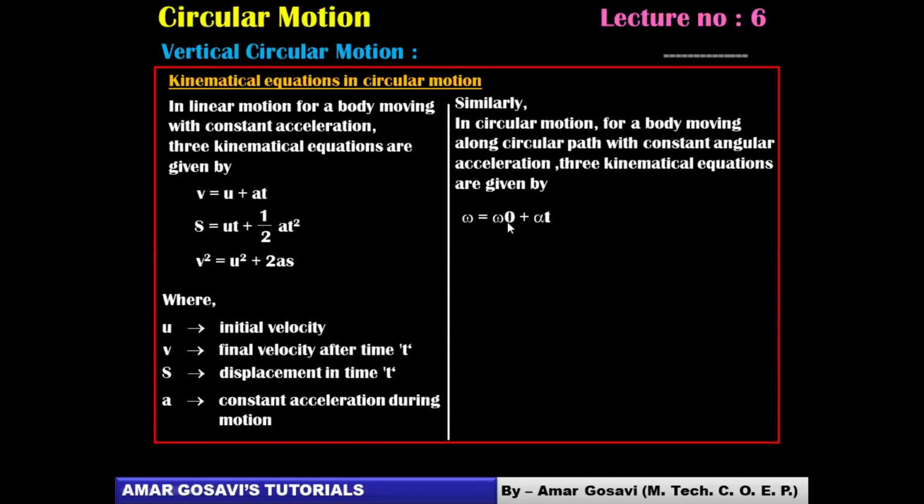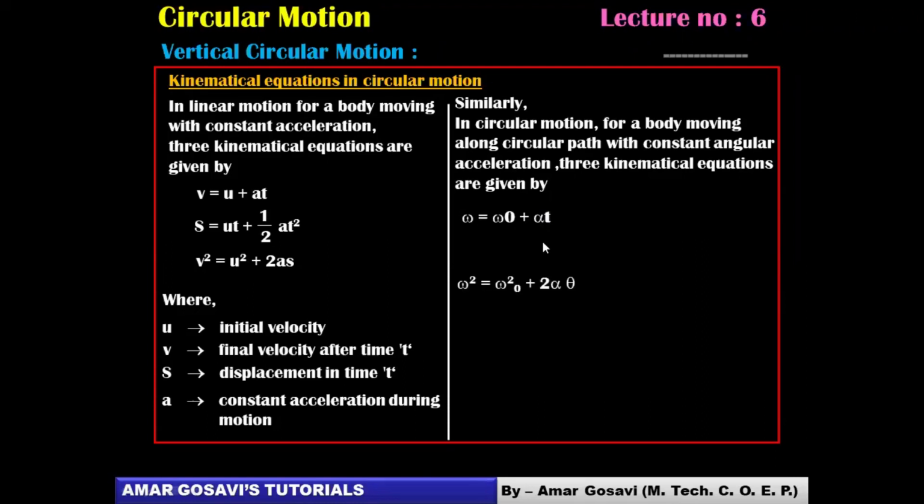This naught has to be a suffix; it was wrongly mentioned. Omega is the final angular velocity, omega naught is the initial angular velocity, and instead of linear acceleration A, it is angular acceleration alpha, and T remains as it is. This is the first kinematical equation for circular or rotational motion.